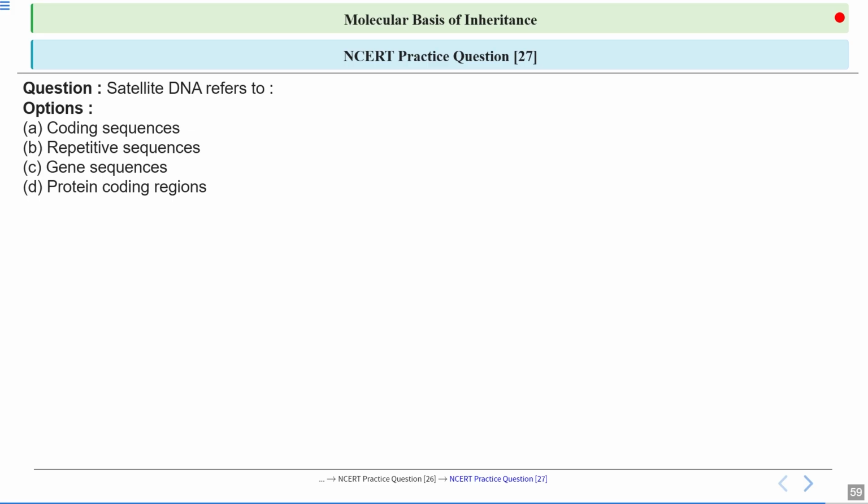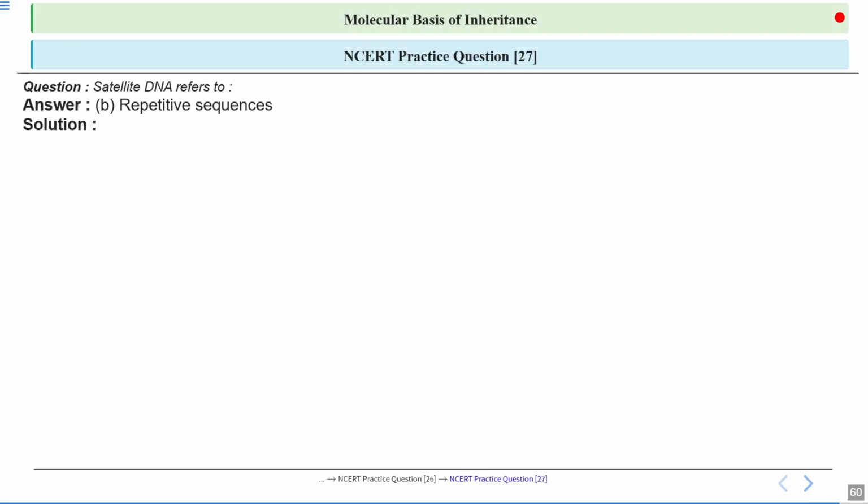What is the correct answer? Okay, so option number B is the correct answer here. These are repetitive sequences.